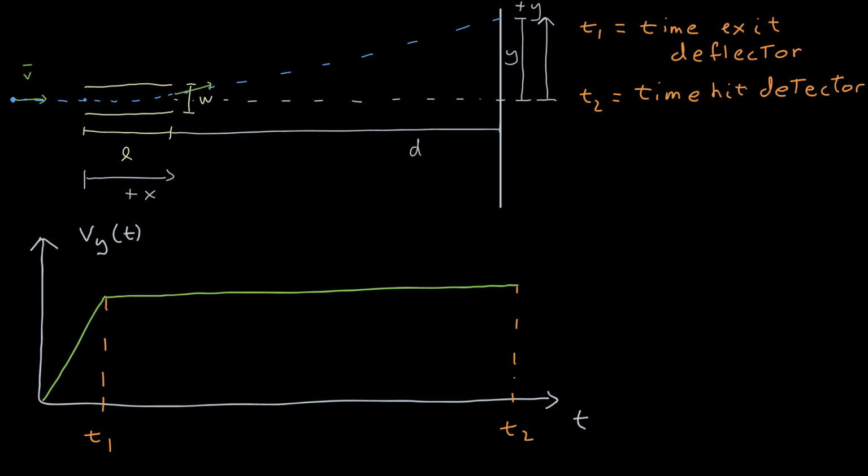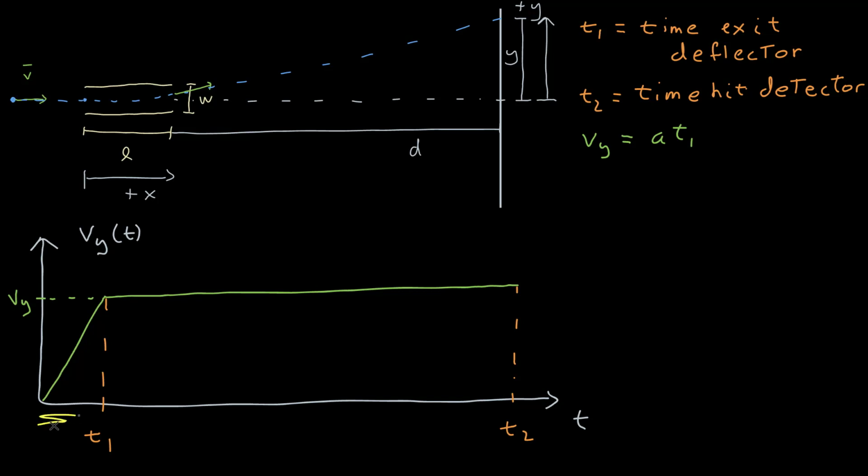And now the total deflection, which is the total displacement along the y-axis, is going to just be the area under this curve. So the first thing I need to do is to find the maximum component of the velocity in the y direction. We know from the graph that's just equal to the acceleration while in the deflector times t1. You can get that from the constant acceleration equations, or just look at the rise over run in this graph.